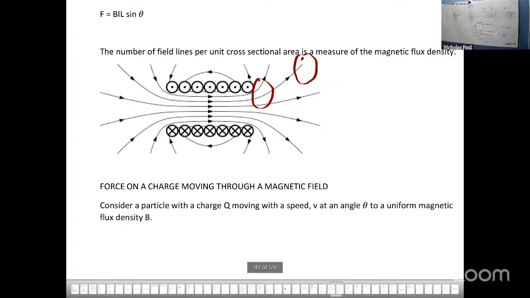Look at the circles, same area, but look inside the circles. Different number of magnetic field lines. The first circle has more magnetic field lines per unit area. The second circle has less. So the first has higher magnetic flux.